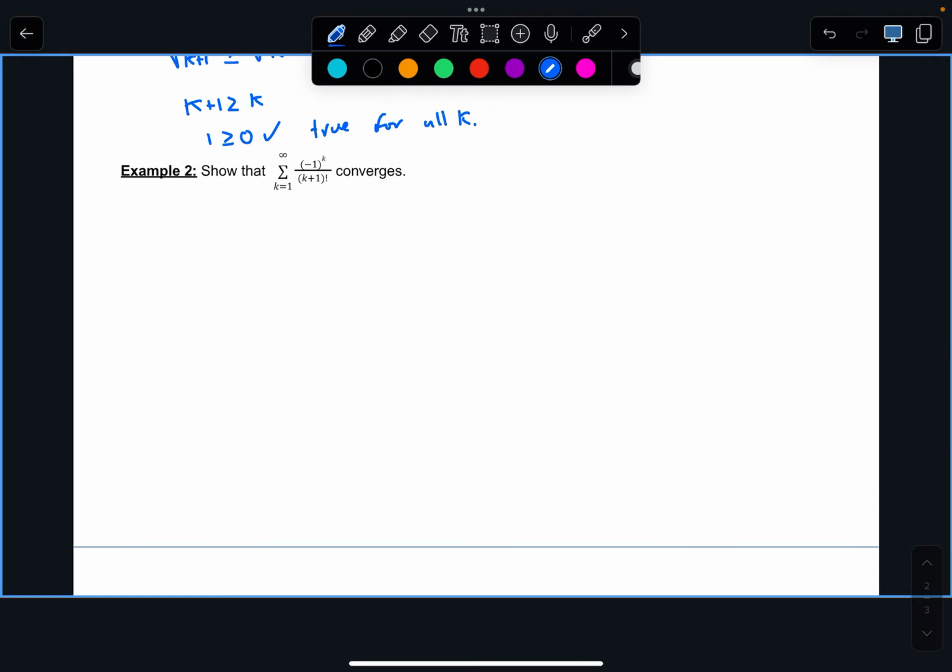Example 2, show that we converge. So we're going to take the limit as n goes to infinity of 1 over n plus 1 factorial. Okay. We ignore the negative 1 to the k part. And that is just equal to 0.